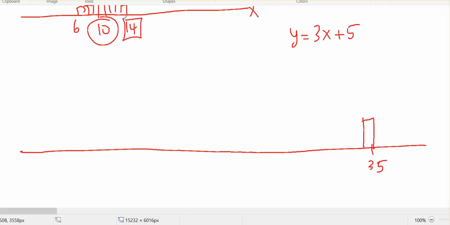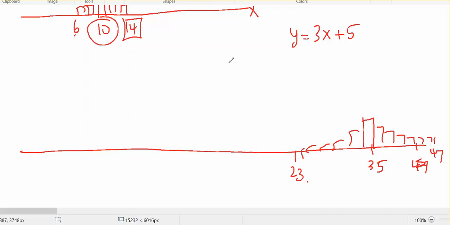My 14 would be multiplied by 3 to get 42, plus 5, so 47. And my 6 gets multiplied by 3 is 18, plus 5 is 23.